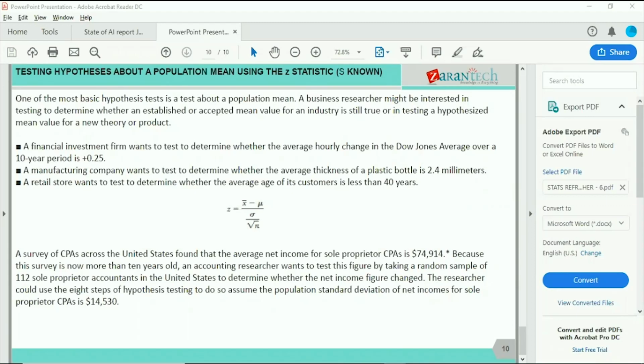X bar is 78,695, minus 74,914, divided by 14,530 divided by the square root of 112.